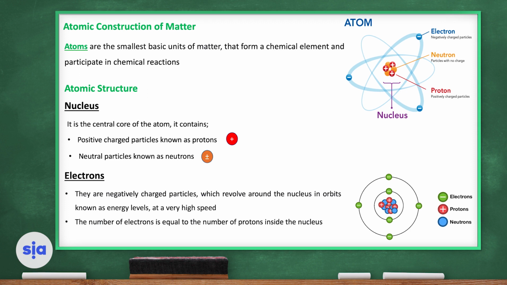The number of electrons is equal to the number of protons inside the nucleus. So if we have 1, 2, 3, 4, 5, 6 electrons around the nucleus, definitely we have 6 protons inside the nucleus. The protons are always equal to the number of electrons. And electrons have negligible mass.